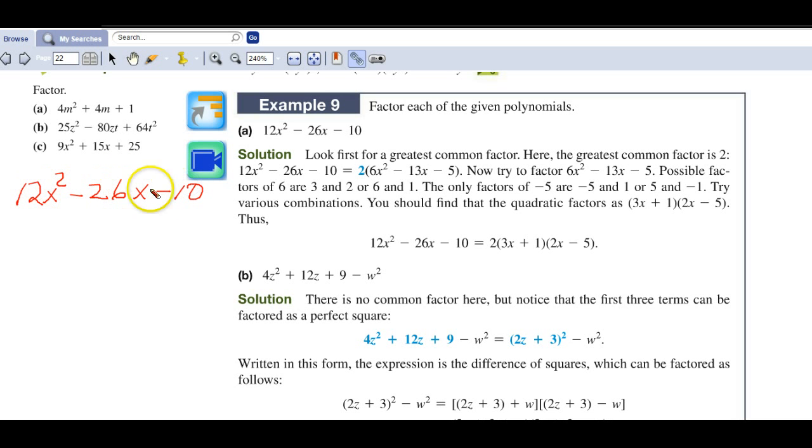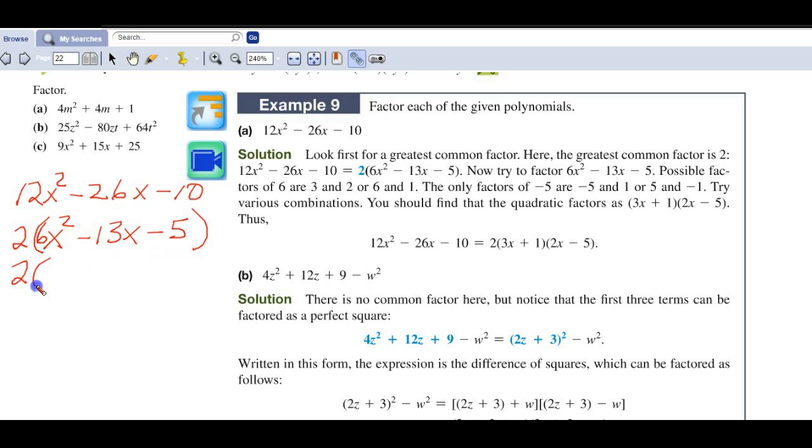Now, is it in standard form? Yes. Is there any common factor we can factor out of it? Yes, we can factor out a 2. And so we get 6x squared here minus 13x minus 5.